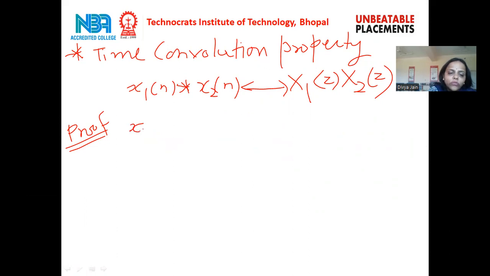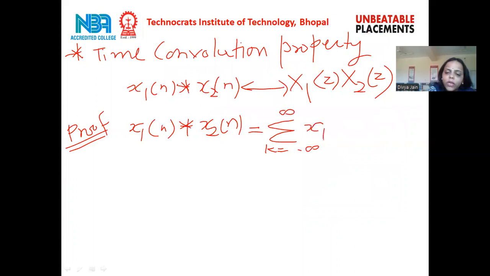The formula for convolution is x1[n] convoluted with x2[n] is equal to summation k equals minus infinity to infinity x1[k] x2[n minus k].